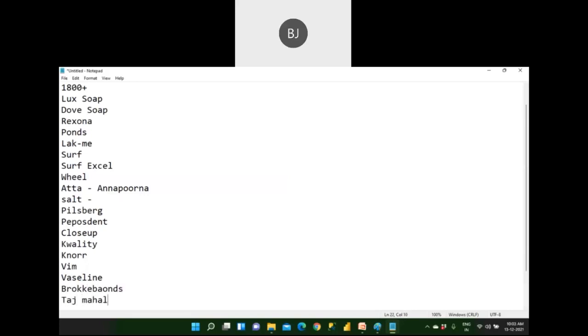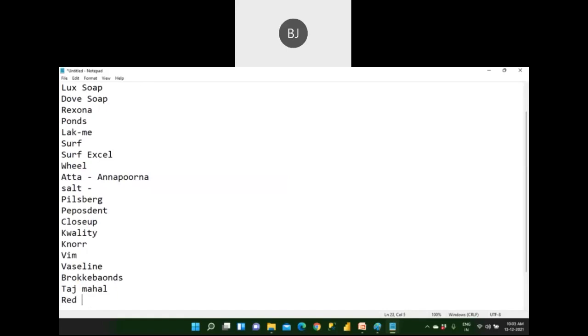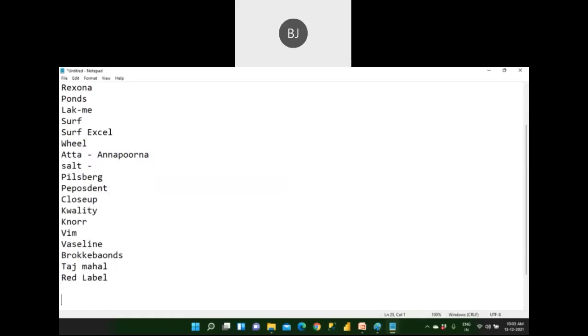If you don't like Taj Mahal, you can also buy Red Label. So whatever you wanted to buy from them, they have 1800 products. Quality ice creams, Annapurna Atta, Knorr soups, Close Up, Pepsodent, Rexona, Dove, Axe deodorants, right? Vim Bar, whatever you want to buy, it is from them only.